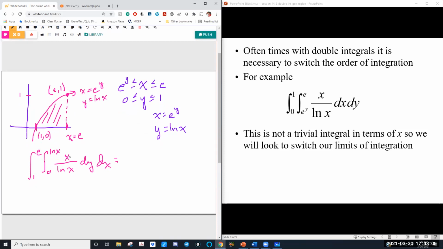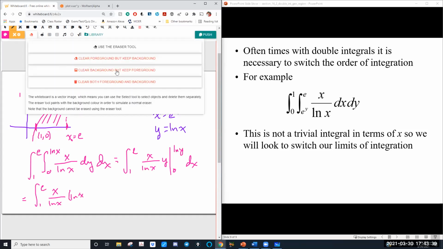The reason we did this is so we could calculate it, because now doing the integral with respect to y, this is all a constant. So when I do that inside integral, I get just x ln of x over ln of x times y. And then we'll have to put in our limits 0 to ln of x. And then we'll do dx. So when I put in that natural log, look at what happens. It actually simplifies. Oops, how did that become a y? Sorry, guys. Made a little error there.